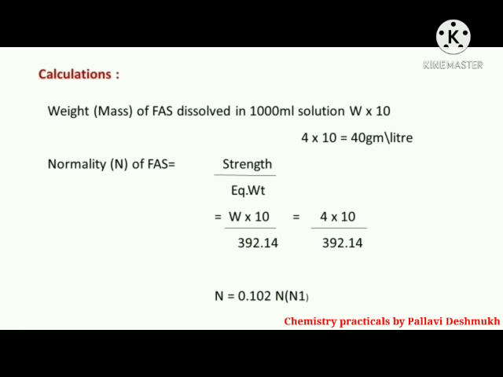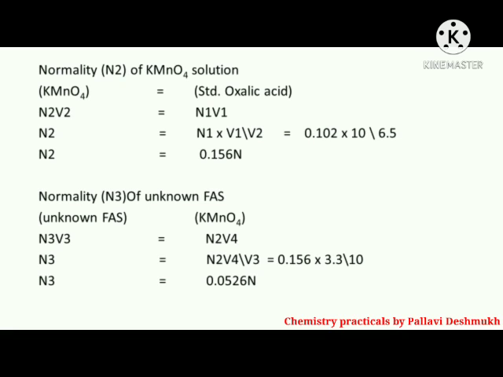So by putting the values, the normality of ferrous ammonium sulfate solution was found to be 0.102 normal. Using the normality of FAS solution, the normality of KMnO4 solution can be calculated by using the simple formula N2 is equal to N1 into V1 divided by V2. And by putting all the values, the normality of KMnO4 solution was found to be 0.156 normal.